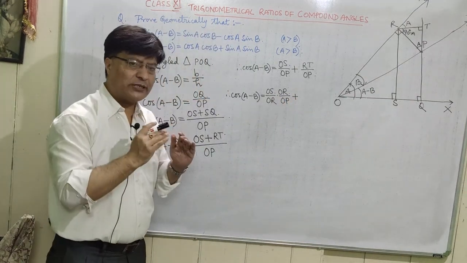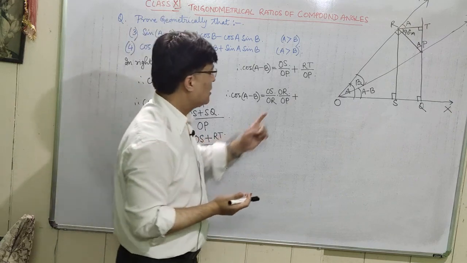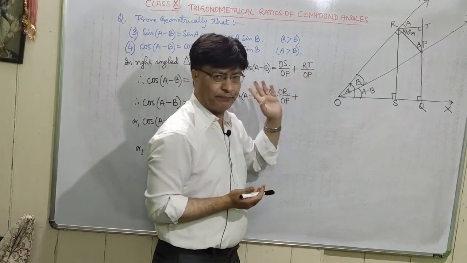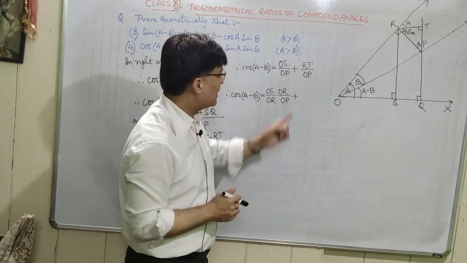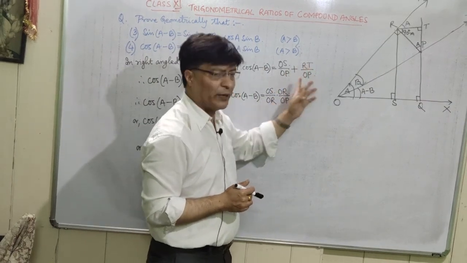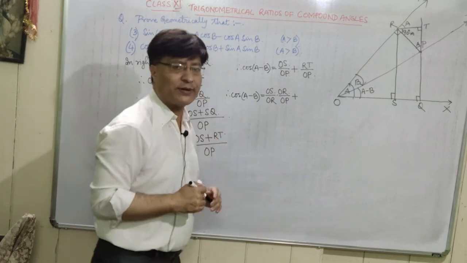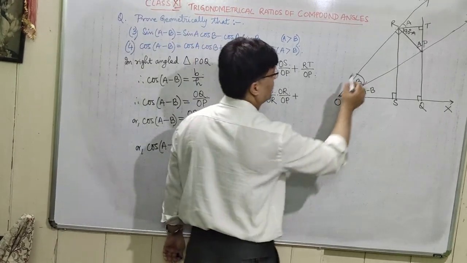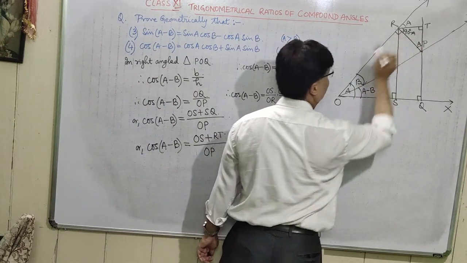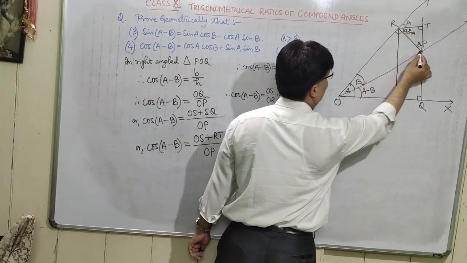Similarly, which straight line is intersecting both RT and OP so that a right angle triangle may be formed there? So RT and OP. This is RT, right? And this is OP.